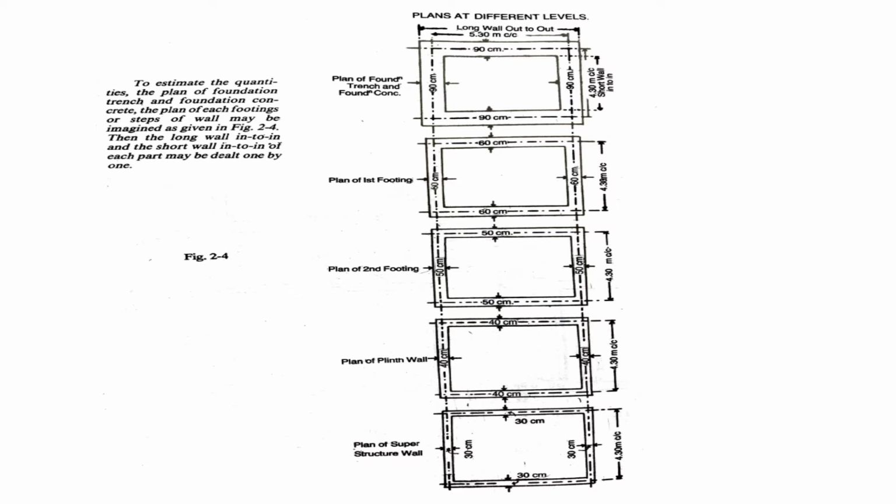Second one, plan of first footing. Here the width is 60 centimeters, and the second footing is 50 centimeters. Plinth wall 40 centimeter. Superstructure wall 30 centimeter. Here the common thing we have seen is the center line.